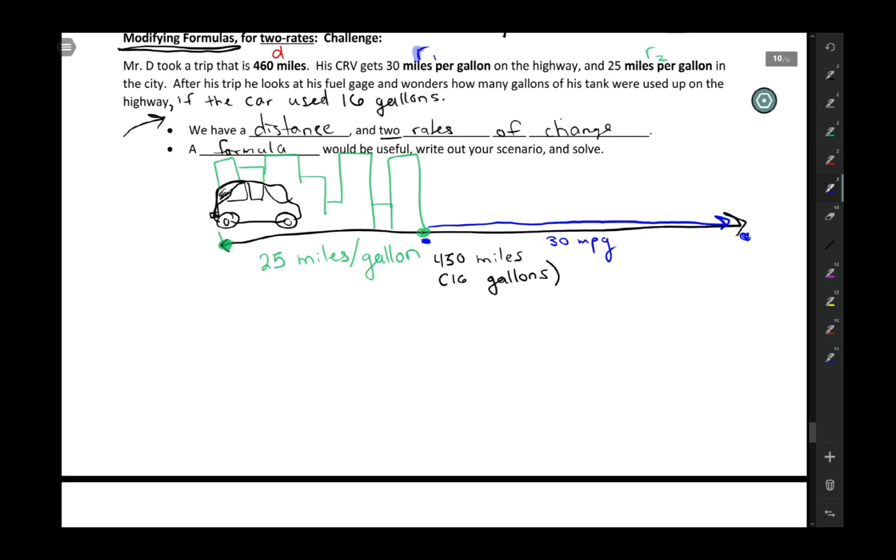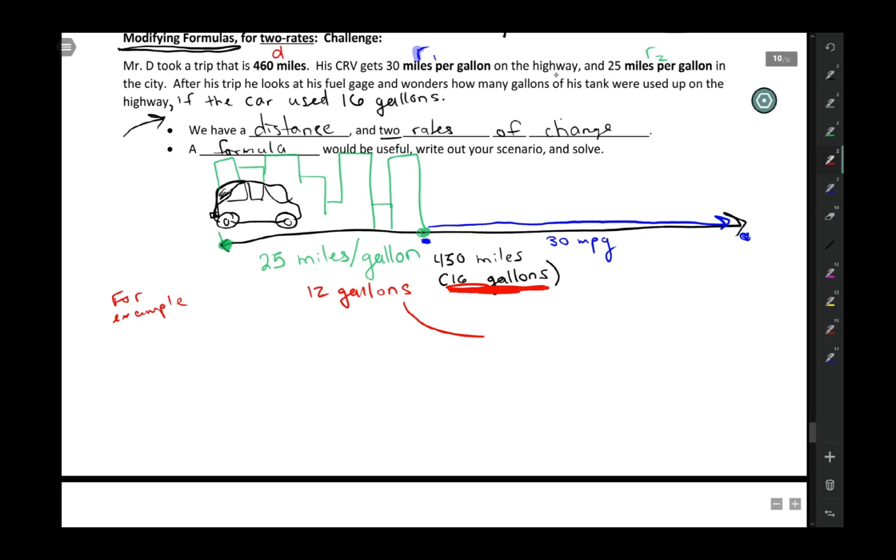Now, what we need to use is this 16 gallons. That is really going to help us here. So for example, so you don't necessarily have to write this down, let's say I use 12 gallons worth in the city.